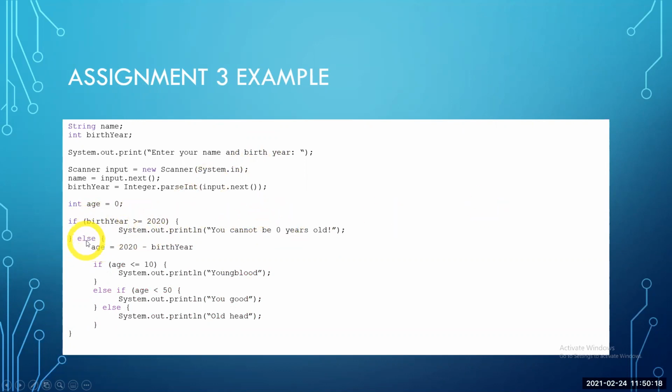However, if that's false, we go into this else statement, then we do all these other checks. So basically, if we know for a fact that they are 0 years old, we don't need to do these checks. They're pointless. However, if they are older than 0, we go down to this else statement, then we calculate their age, and we have different responses based on their age.